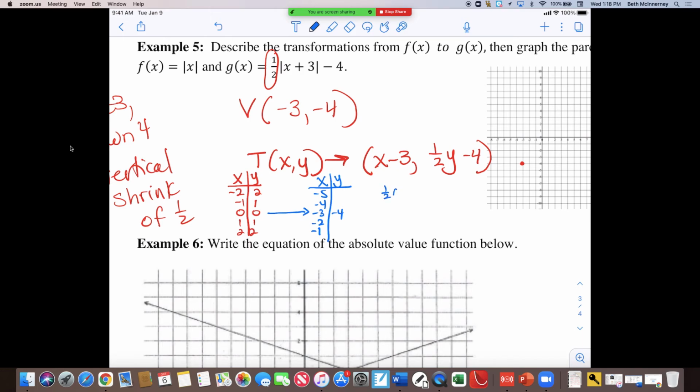So I would take half of 2, that's 1. 1 minus 4 is -3. Now there's symmetry, so then I can go to the other end of the table. Then 1/2 times 1 minus 4, isn't that -3.5?